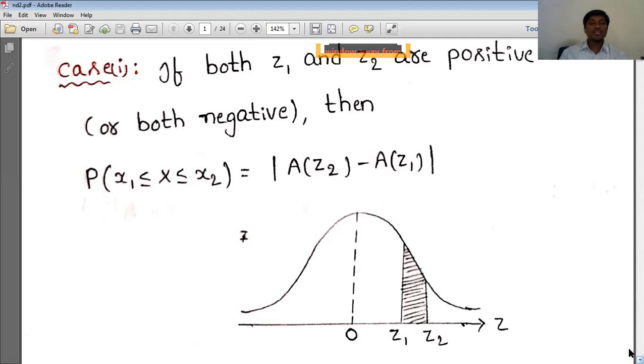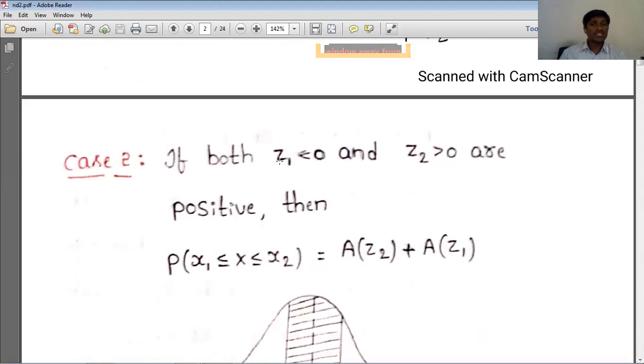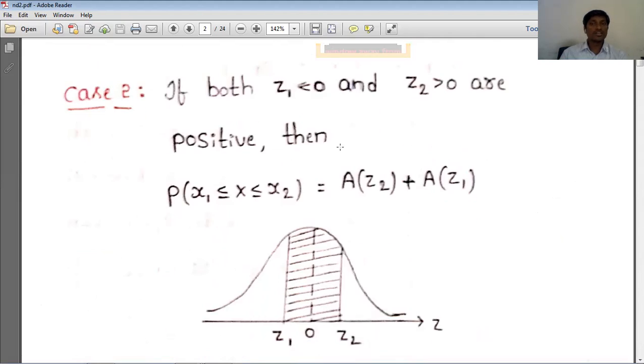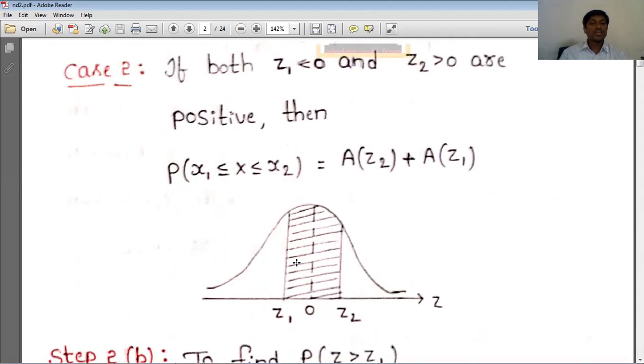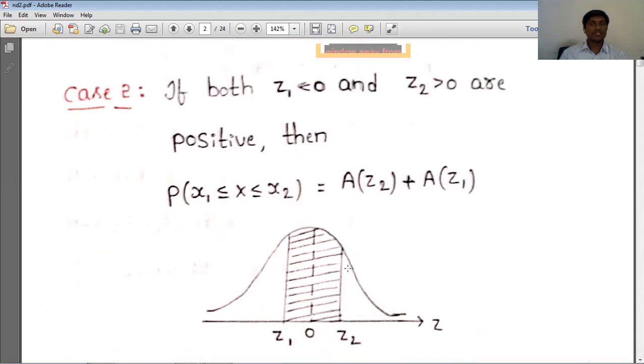Next, if the first one is less than 0 and the other one is greater than 0, in that case we use area of Z1 plus area of Z2. So with Z1 less than 0 and Z2 greater than 0, it is area of Z2 plus area of Z1.